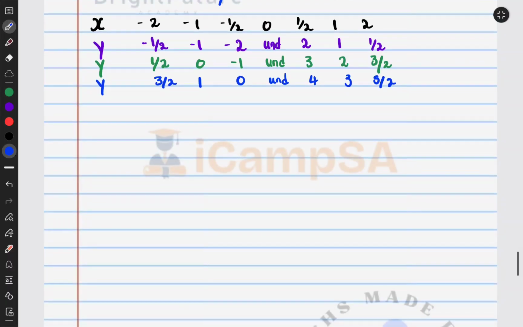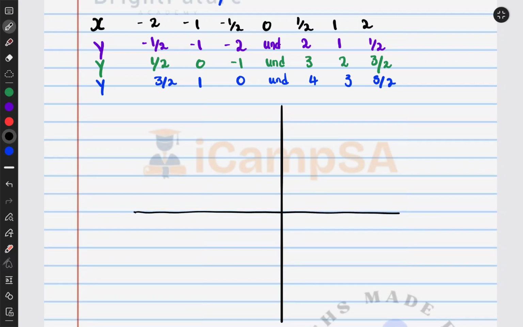Let's go ahead and sketch these 3 functions now. Start by drawing your Cartesian plane.